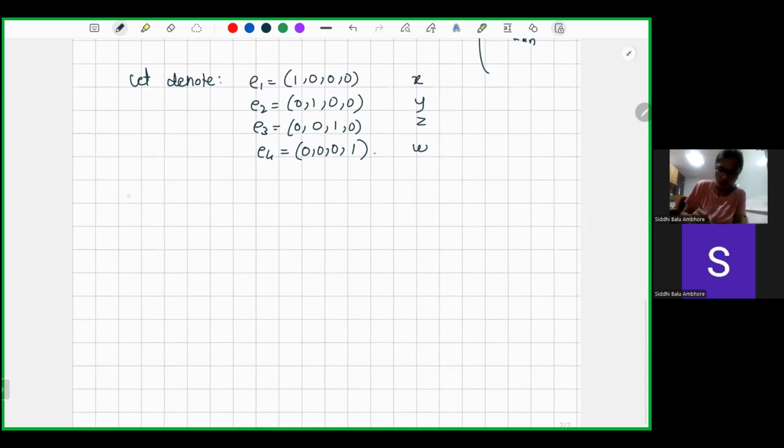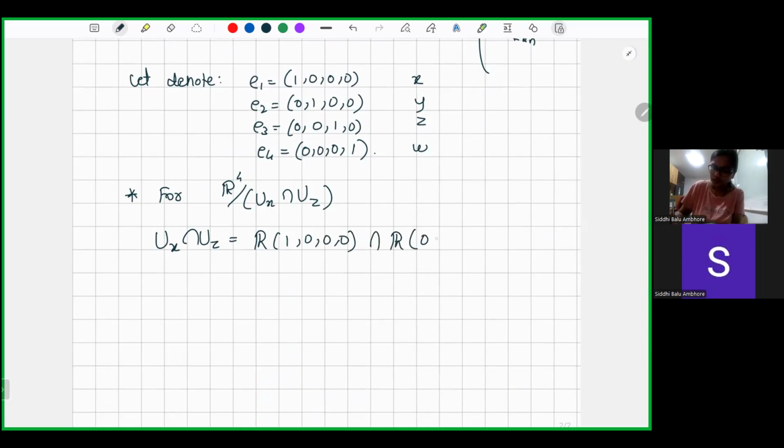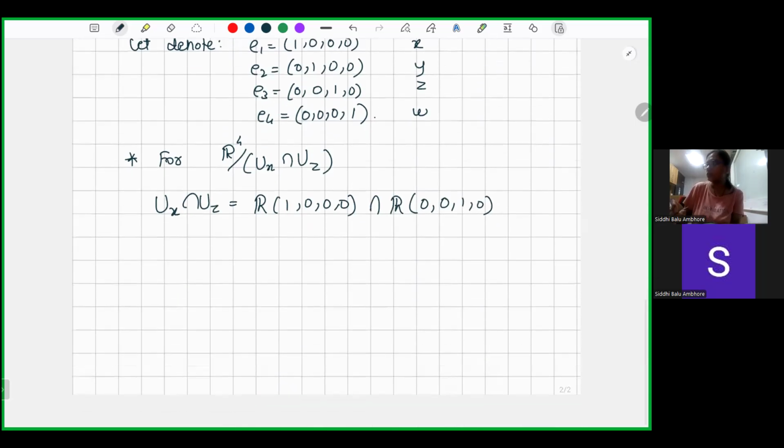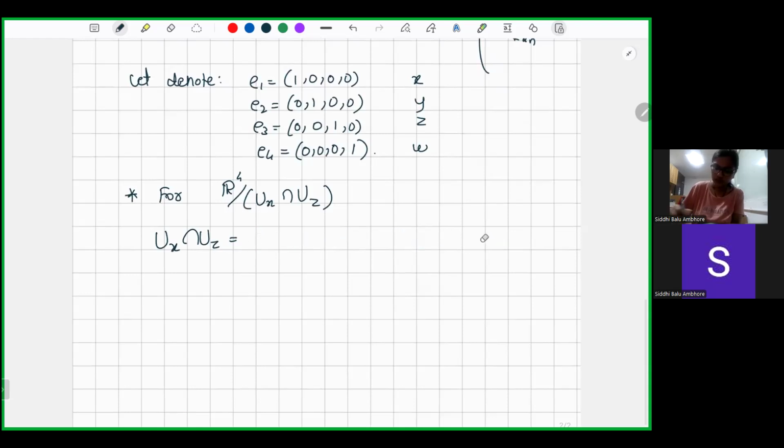So for R4 quotiented by UX intersection UZ, what is UX intersection UZ first of all? This is R(1, 0, 0, 0) intersection R(0, 0, 1, 0).